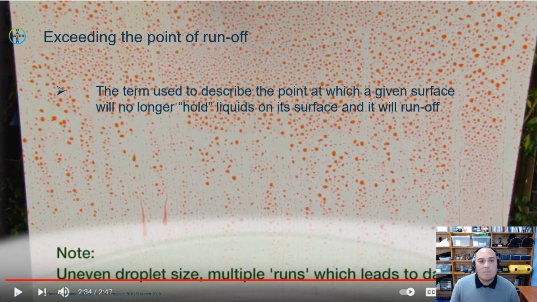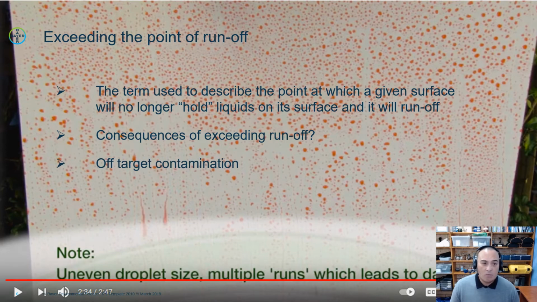So exceeding the point of runoff, what are we talking about? It's the term that's used to describe the point at which any given surface will no longer hold liquid on its surface and it will run off. And what's the bad thing about that? What are the consequences of exceeding runoff? Well, you can have off-target contamination.